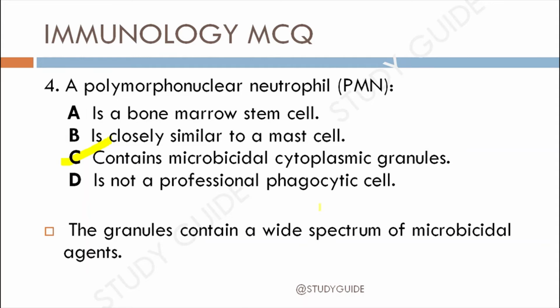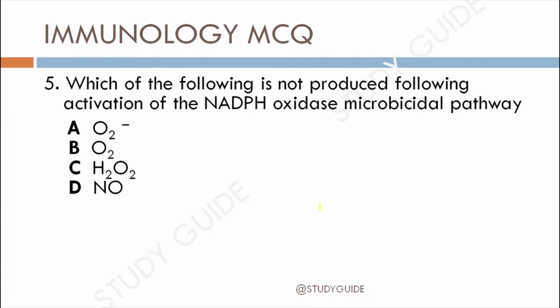Let's move toward the fifth MCQ. Which of the following is not produced following activation of the NADPH oxidase microbicidal pathway? Is it the oxygen radical, the oxygen molecule, the hydrogen peroxide H2O2, or the nitric oxide NO?